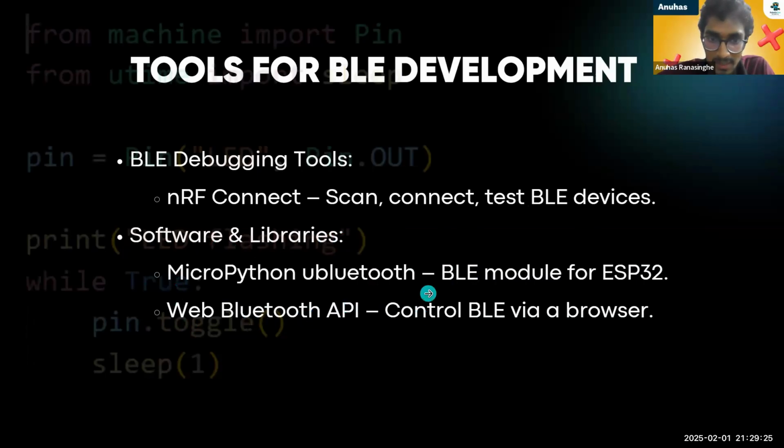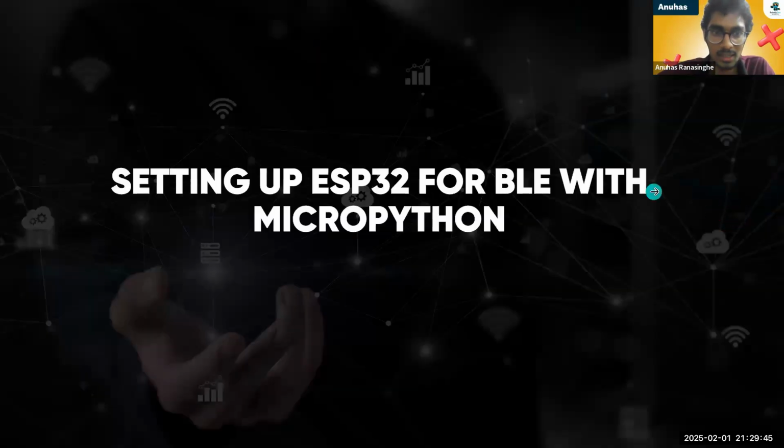It is hard to find resources regarding how to connect devices to power our IoT project with BLE using MicroPython. And here I'm going to quickly explain how to set up our ESP32 for BLE using MicroPython.